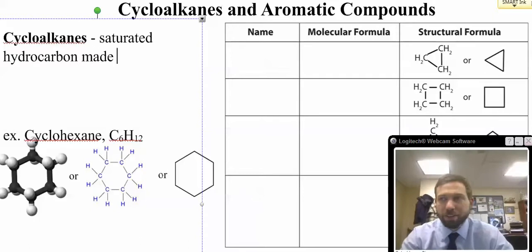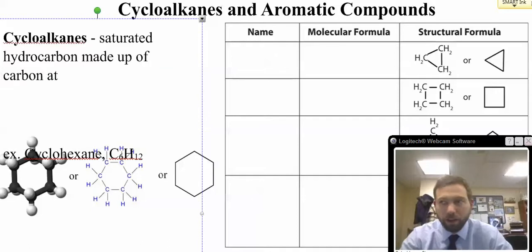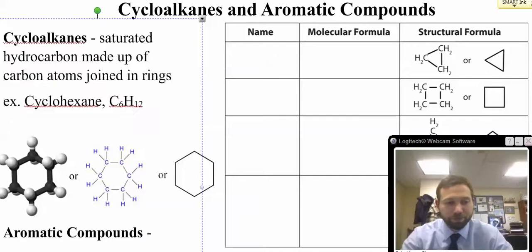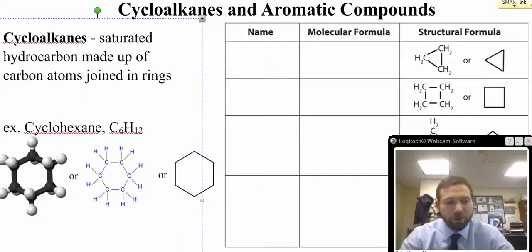But the difference is that cycloalkanes are made up of carbon atoms joined in rings. All right, so joined in rings.